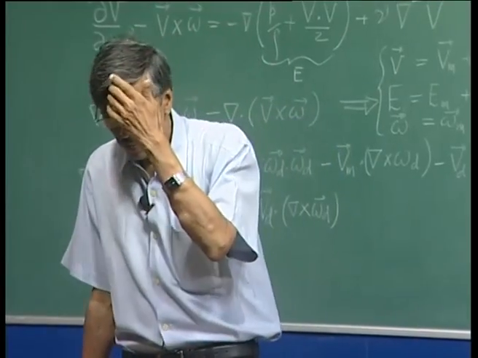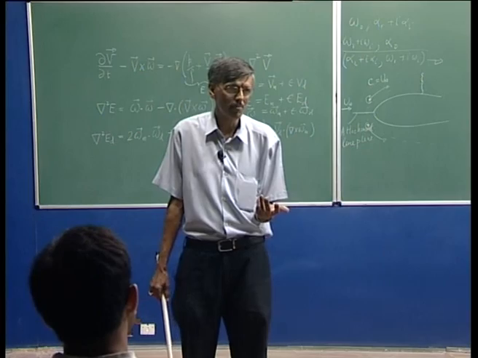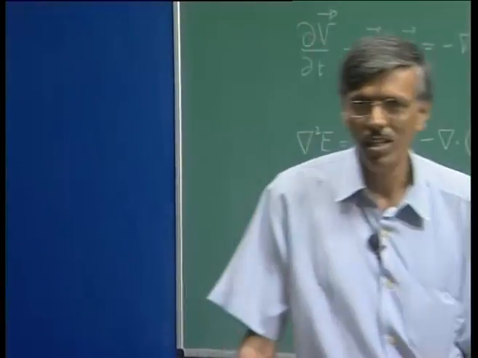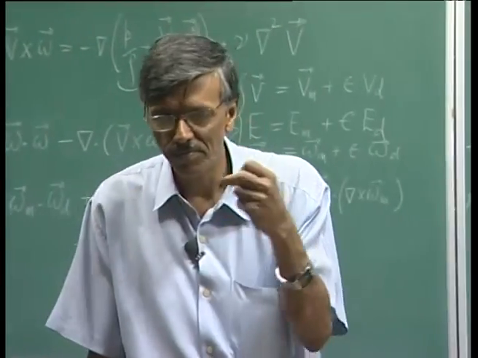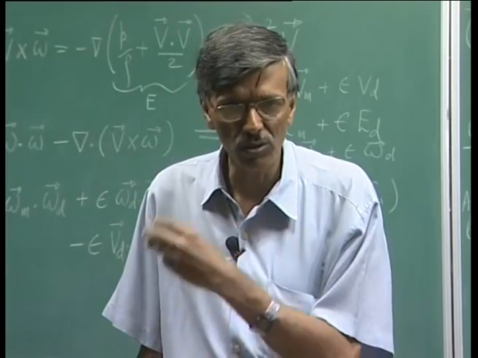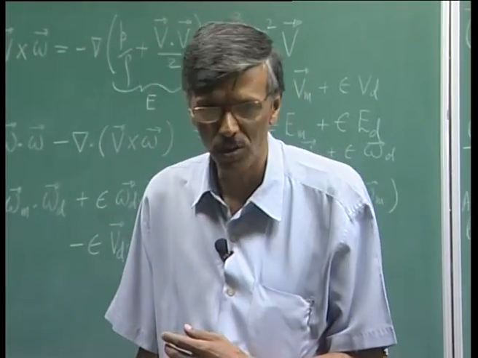For example, if I talk about the flow inside a turbomachine, then what happens? You have the stator, rotor, etcetera. So, the stator will eject vortices in its wake, and those will be impinging on the rotor.